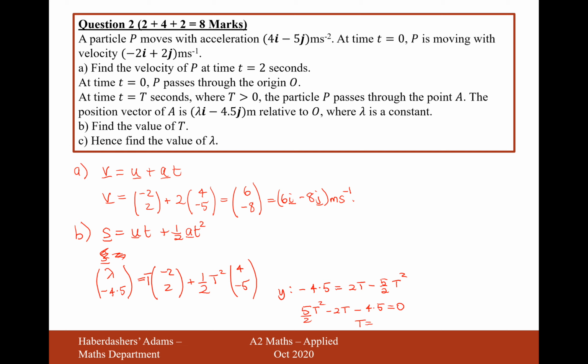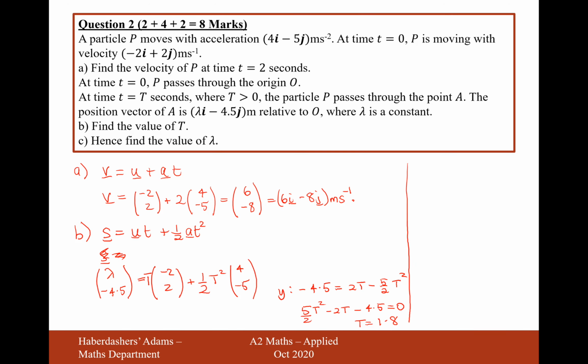I'm sure we'll get two values for t. Let's type that into the polynomial solver in the calculator. So scroll down, equation, polynomial mode, degree 2, 2.5, minus 2, minus 4.5. And we're going to get 9 over 5, so 1.8, or a negative 1. We don't want the negative 1, we just want t equals 1.8. Okay, so there we are, that's the answer for part B.